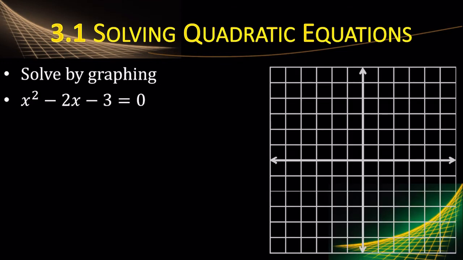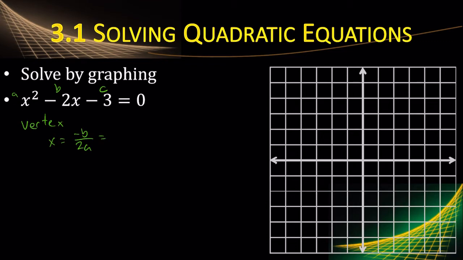All right, let's solve this equation by graphing. To graph, we can just make a table. Remember, the x part of the vertex is at negative b over 2a. So this is a, b, c.